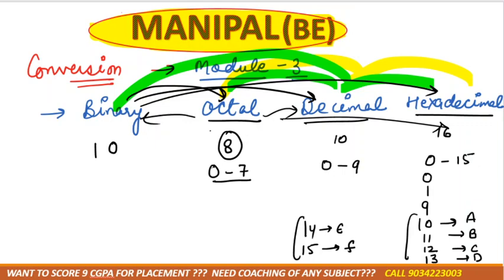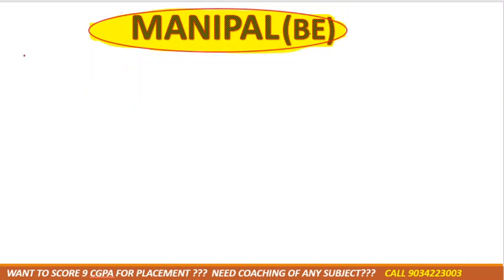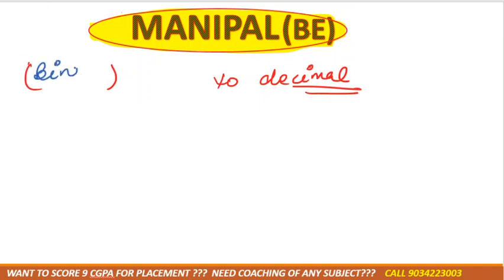Okay. So the first conversion I am going to tell you is how we can convert any number to its decimal equivalent, because the method is almost the same. Suppose we have a binary number to decimal, or an octal number to decimal, or a hexadecimal number to decimal.